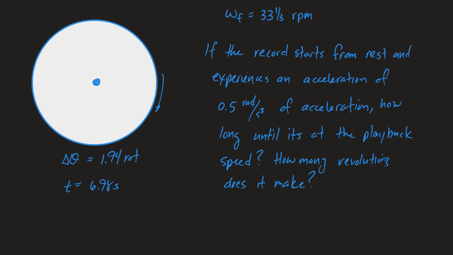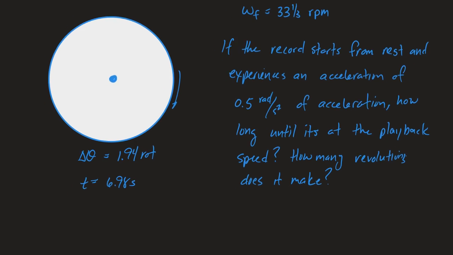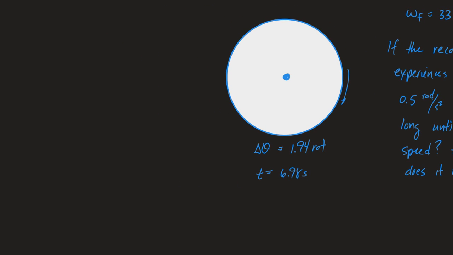All right, so first things first here. You're going to have to deal with the fact you have 33 1/3 RPM, and you're going to probably need that in radians per second eventually. That's what it amounts to. So let's take a look at a way you could do that. I would start by looking at what we have.